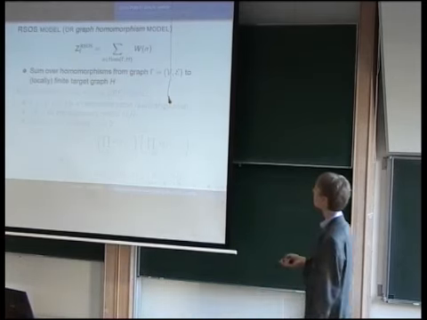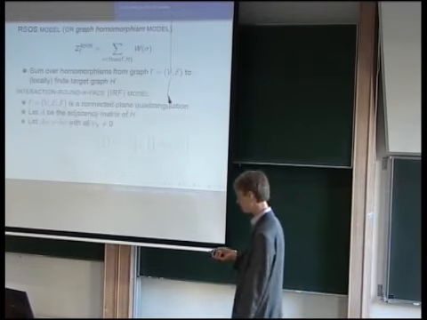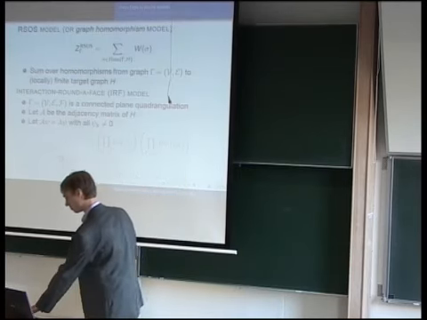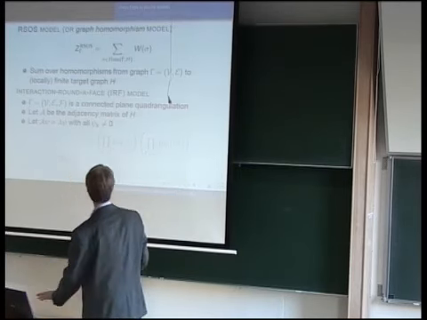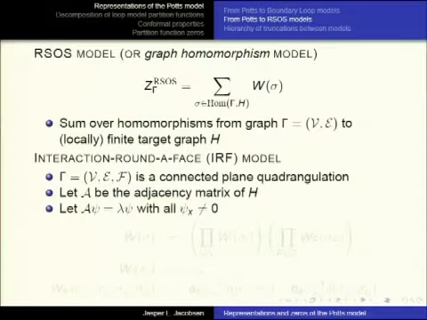On such models, in general, I can define interaction around a face. And so I'm going to consider only a particular case in which this original graph here is a connected plane quadrangulation. So it is derived from the original planar graph. It's not the medial graph, it's something else.